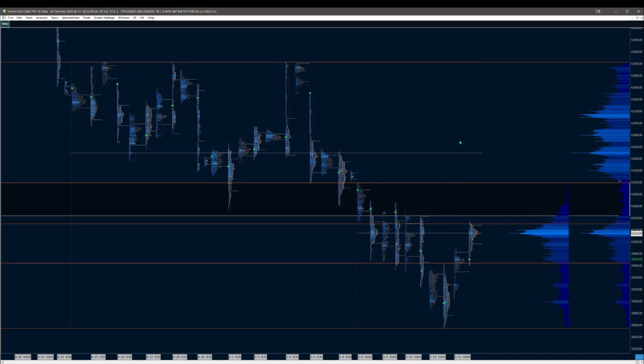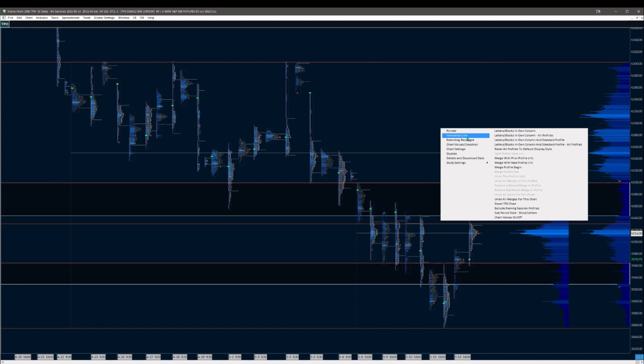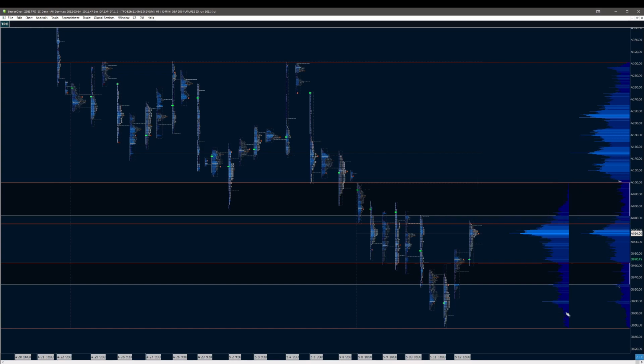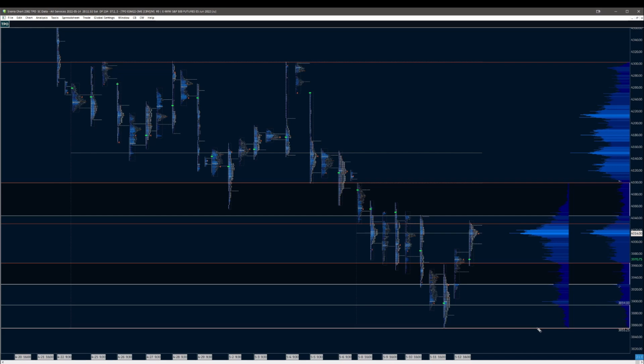Looking forward into a plan, we can also see we have this area below, and we have a tapering occurring down at these lows as well.